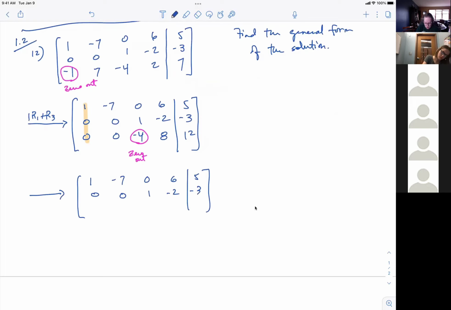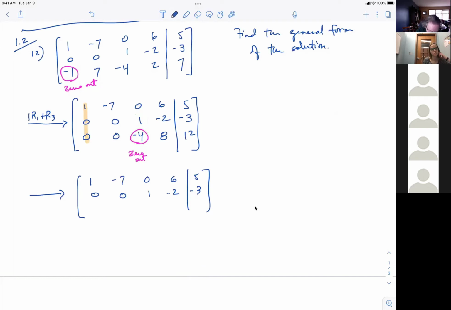And so what row operation do I need to do to make that -4 a 0? 4R2 plus row 3. Yep. And again, remember I said, find your leading entry and use it to zero out. So we're going to basically say, what do I need to multiply by 1 such that when I add to -4, I get 0?